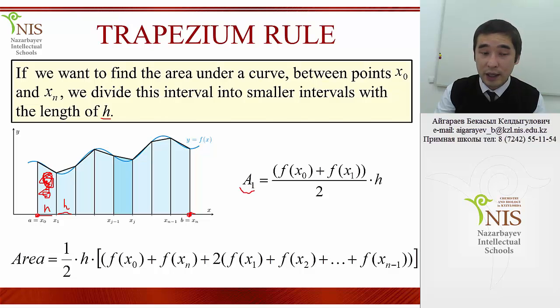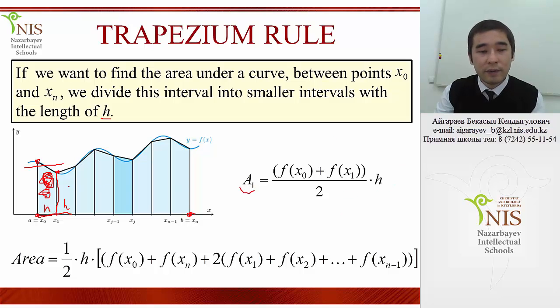We just insert x0 into the function, and we find f of x0, and then we find f of x1, and then we take the average of these two heights, and when we multiply by h, we get the area of the first trapezium.